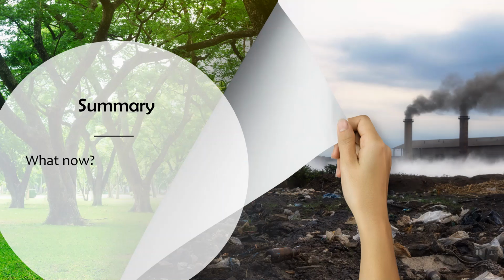Let's turn the page on our standard operating methods and create a greener world. How can we do that with these sustainable approaches to strategic planning? Well, we can create an eco advantage for our business by looking at reducing costs and risks while taking advantage of opportunities and reputation.